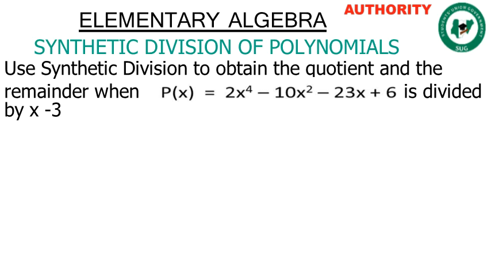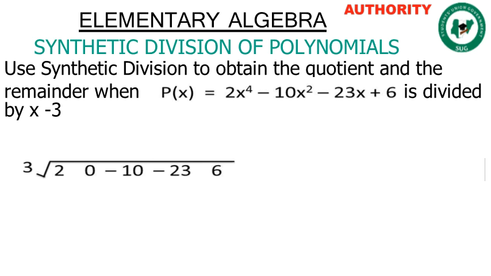Now we are going to write these coefficients, which are 2, 0, minus 10, minus 23, and 6, as our dividend. And then how are we going to get our divisor? We say x minus 3 equal to 0, and then make x the subject.